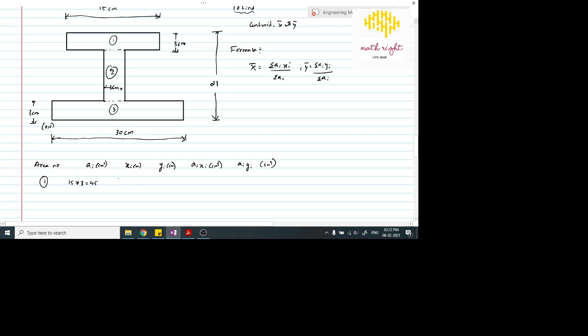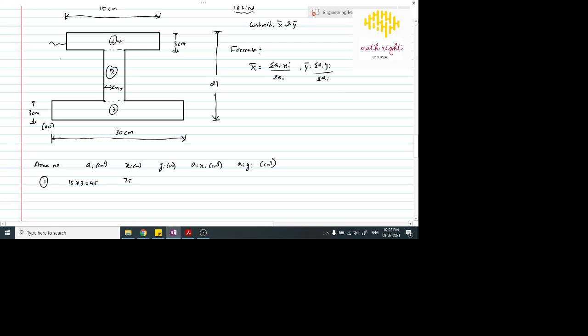But from the origin, what is this distance? Total 15 from this origin. And from this point, the center point is 7.5, half of 15 is 7.5. This is the x location here.